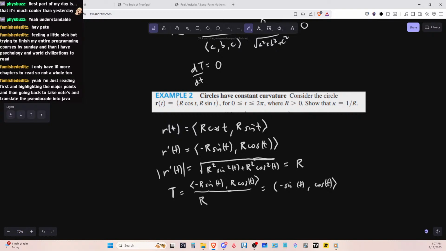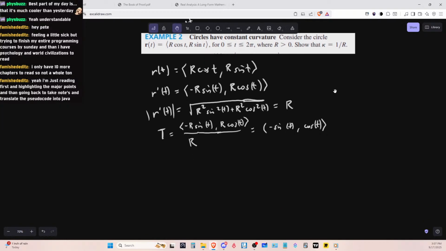Alright, so now we gotta take the derivative of T. So dT over dt would be negative cosine t and negative sine of t. And then to calculate the curvature in t, or kappa of t, we have our r.